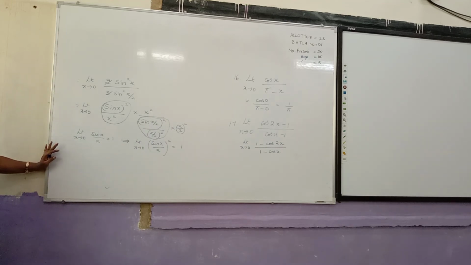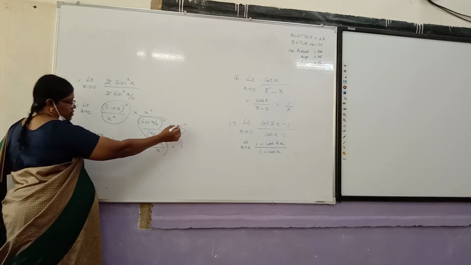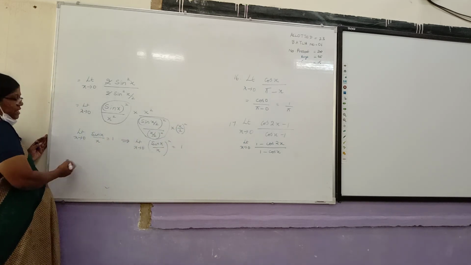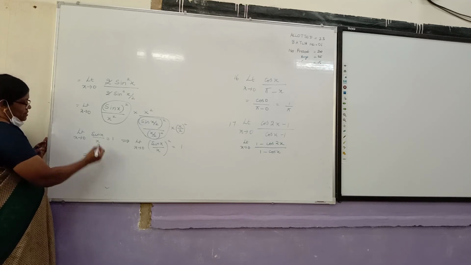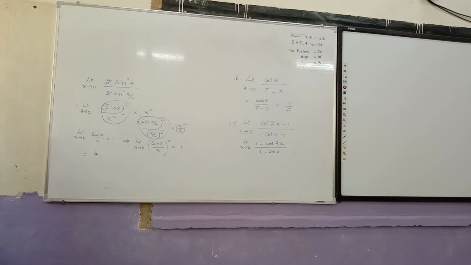x square. So what do you get? Okay, 1 by 4 is there, no? The answer is what? 4. 4 is the answer. Clear? Or do you want me to write separately?